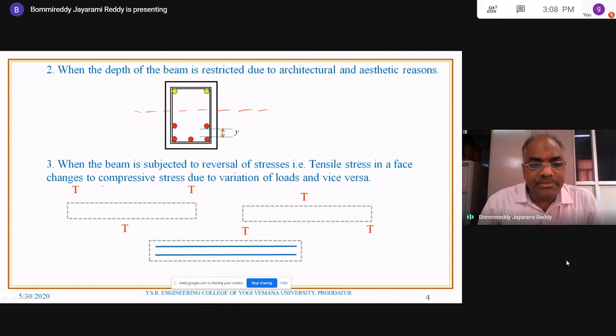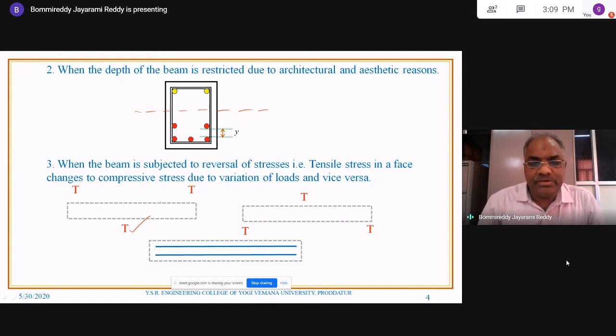Next, when the beam is subjected to reversal of stresses. Reversal of stresses means, for example, because of the dead load, a member is under tension. You can look at here, the member bottom is under tension.